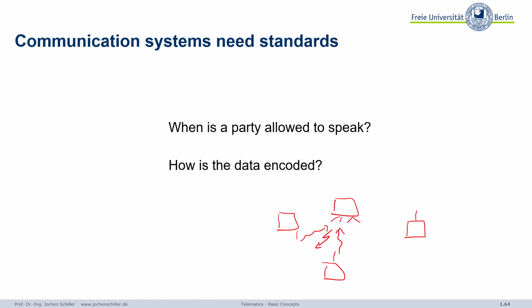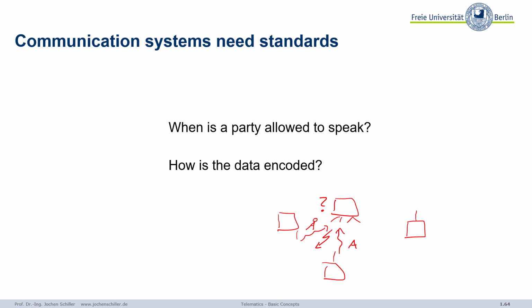In addition, what are you sending? Does the other side understand if I send an A? Maybe not, or maybe. So it depends. So if you send something, just our example, the other side doesn't understand, oops, what happens? So we need certain standards that tell us when we're allowed to speak, how we encode things.